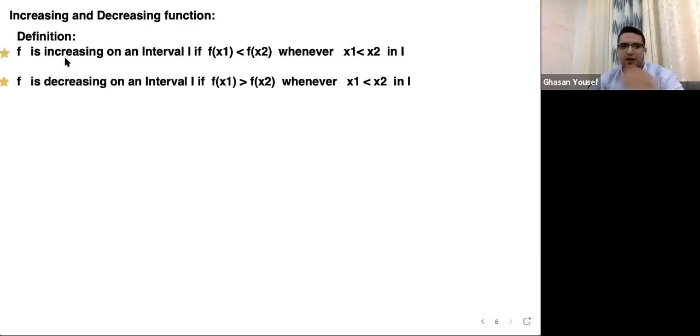So f is increasing on an interval I if f of x1 is less than f of x2 whenever x1 is less than x2 in the interval I. The same thing applies for the second function.